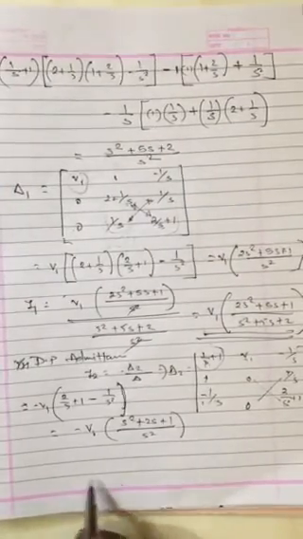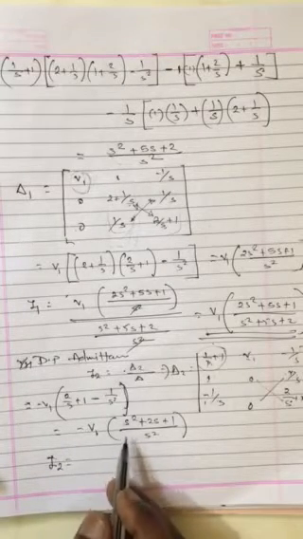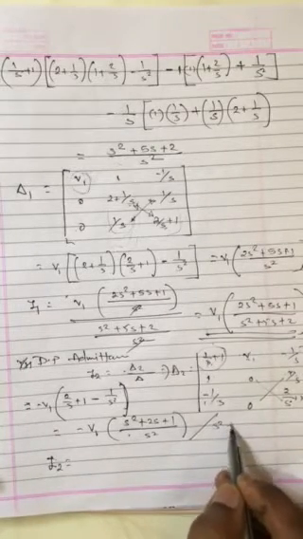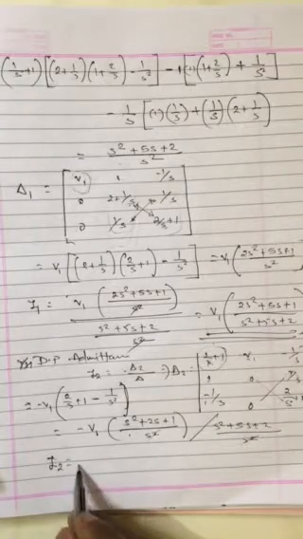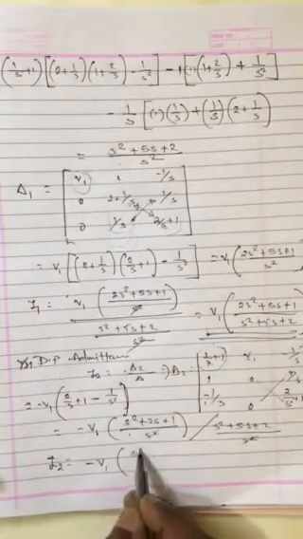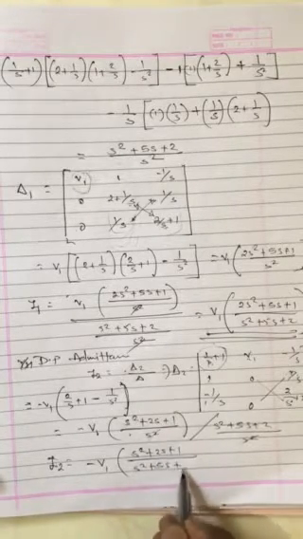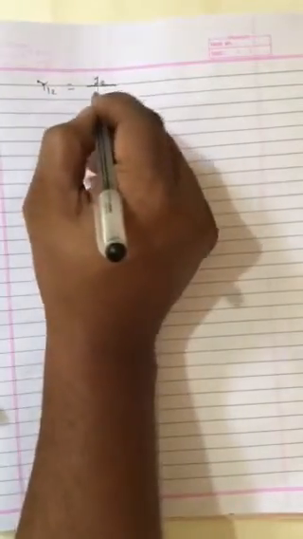Okay, so now let's find out I2. I2 is del 2, this, divided by del. Del is (s square plus 5s plus 2) by s square. S square will cancel. So we will get I2 as minus V1 into (s square plus 2s plus 1) divided by (s square plus 5s plus 2). Okay, so what is y12 now? y12 is I2 by V1, right?